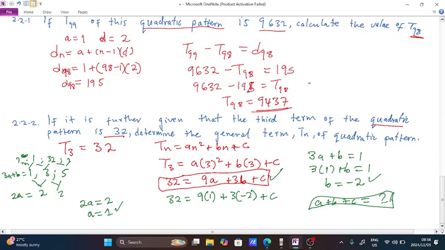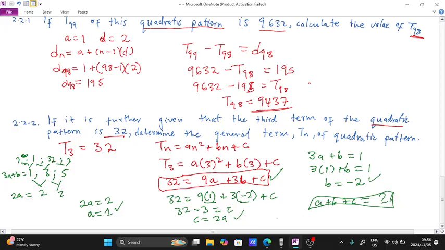So now 32 minus, this 9 minus 6 will give us 3, so 32 minus 3 equals c. So what do you get? 29. So c equals 29. Then you get a tick.